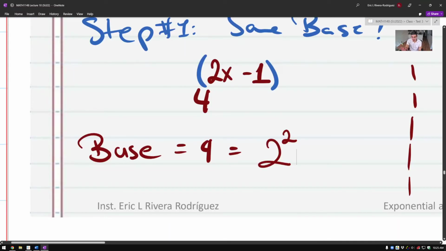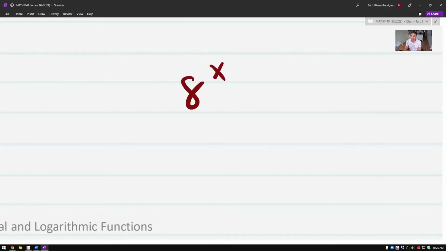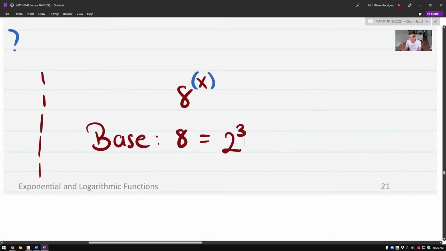Let's hold that part there and let's focus now on a to the power of x. The exponent is just x. That means that the base here, as we are seeing right now, is 8. But 8 is a power of 2. 2 to the power of 3 is 8.